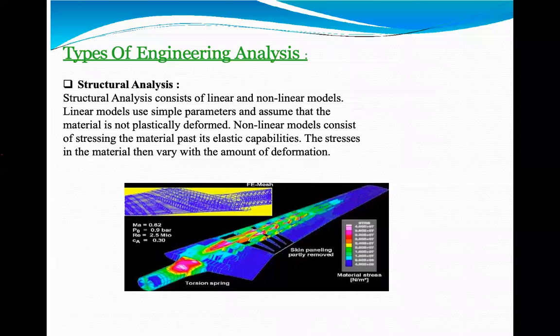The allowable limits may be your yield criteria. If your stresses are below the yield limits, then we can say that our structure is safe, so our structure or equipment will not fail. We compare the stresses with the allowable limits. That is structural analysis.